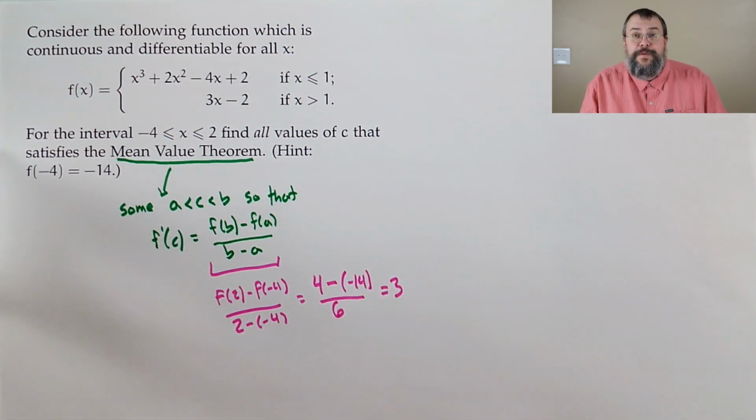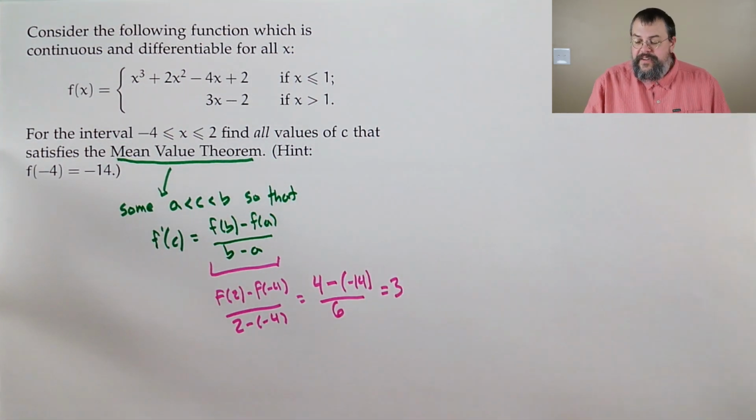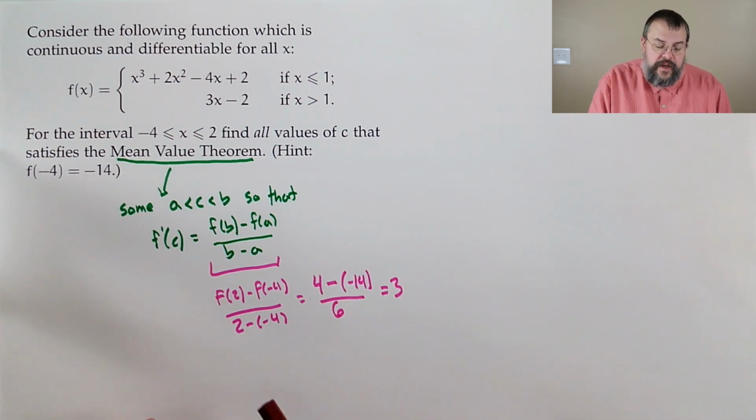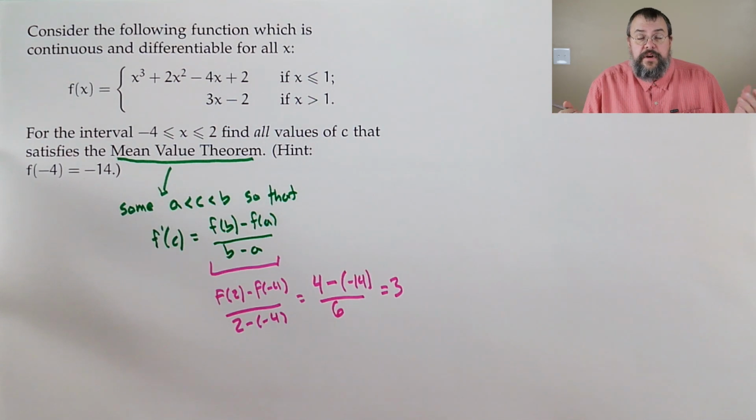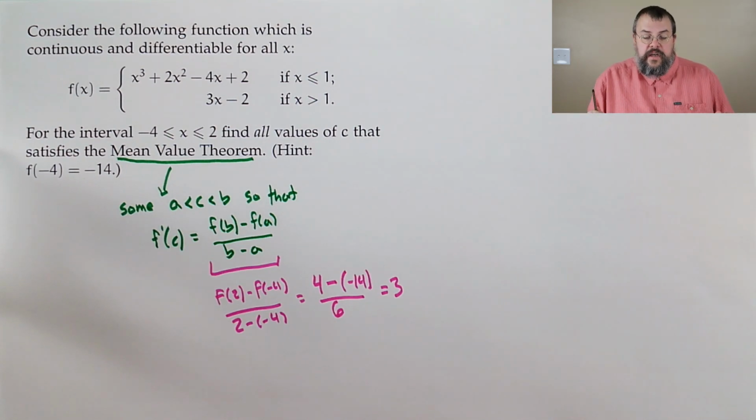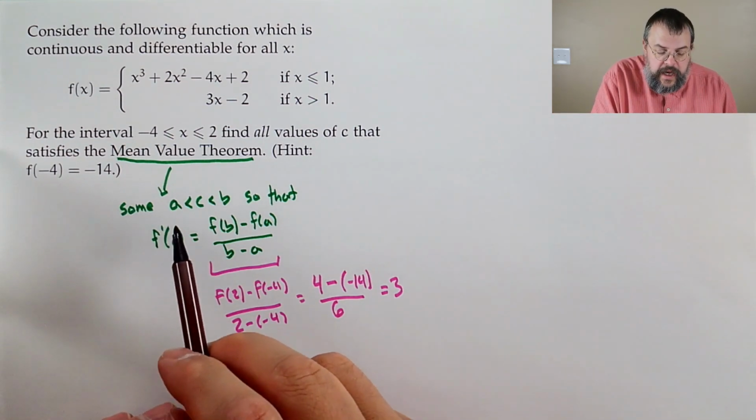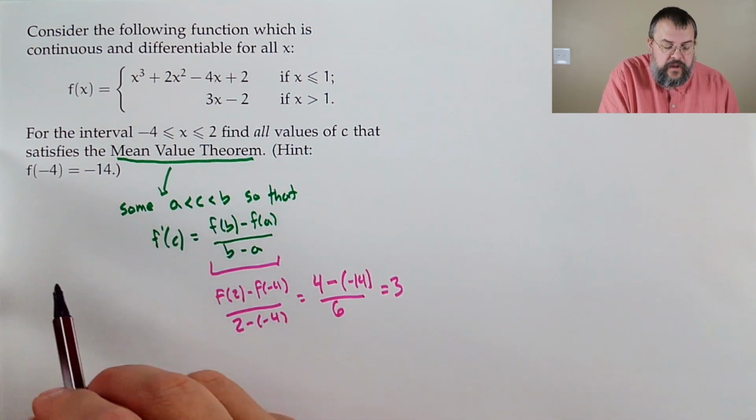So what the problem is telling us to do is find a place where the derivative equals 3. And actually not just find a place, but find all the places where it equals 3. But we have to be between our endpoints. So now we have our goal.